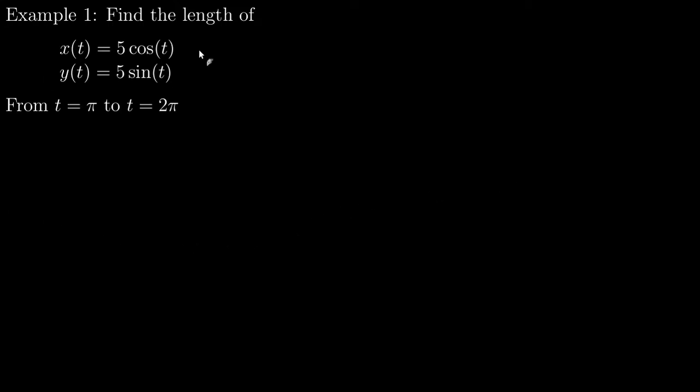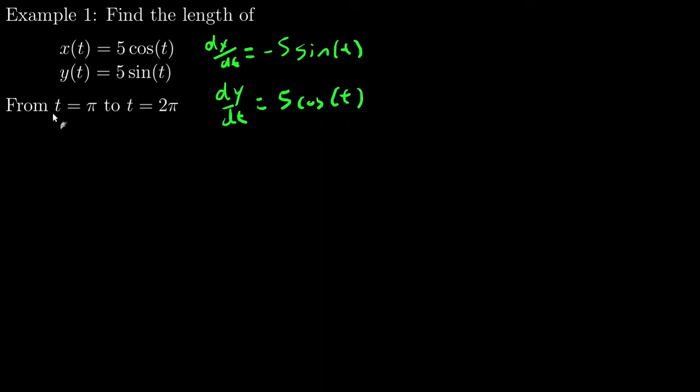So to do this problem, I need to take dx dt, which will be negative 5 sine of t. I need dy dt, which will be 5 cosine t. And I can just do the formula now.